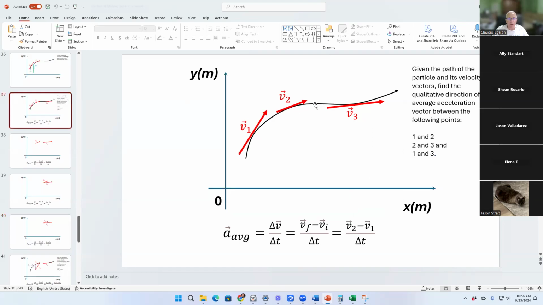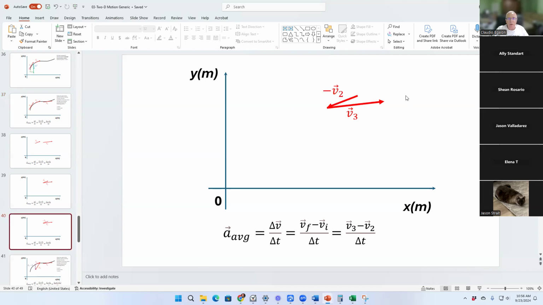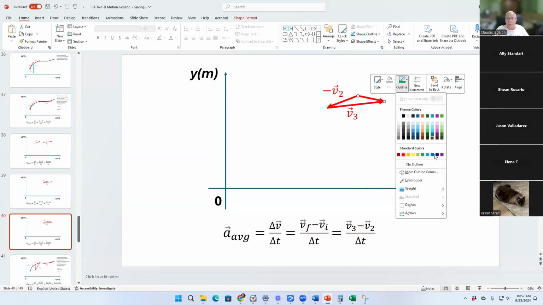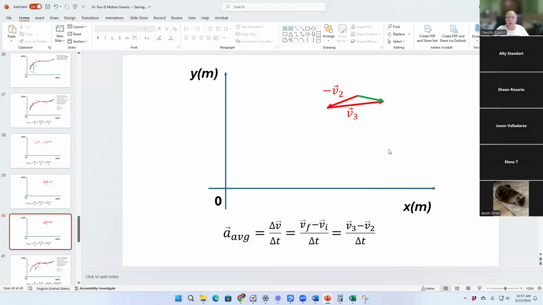Okay, between V2 and V3, you can see the concavity is still downwards, right? The concavity is still downwards. So let's continue with our, put that in color.